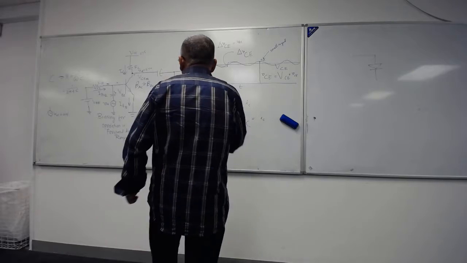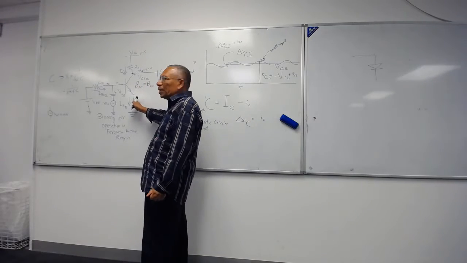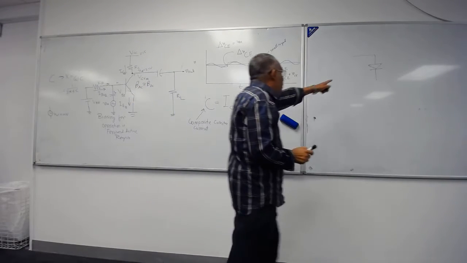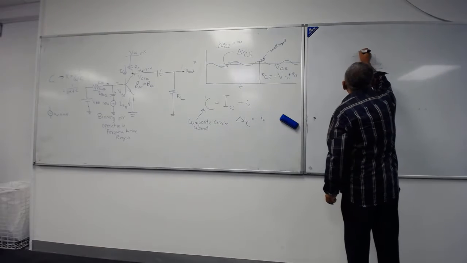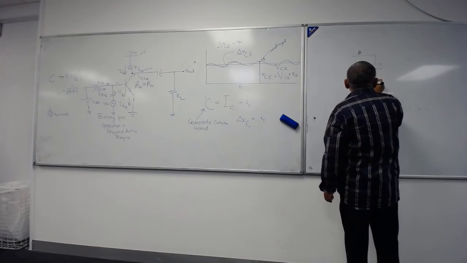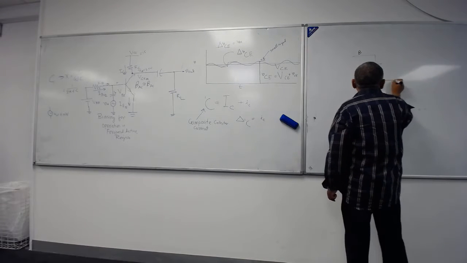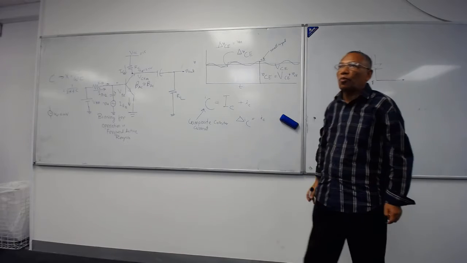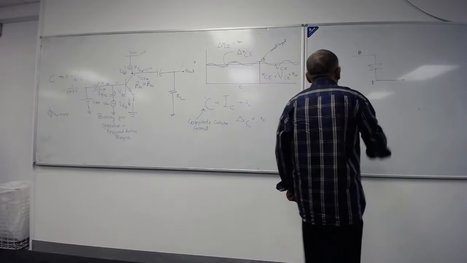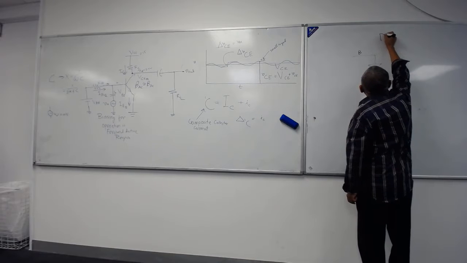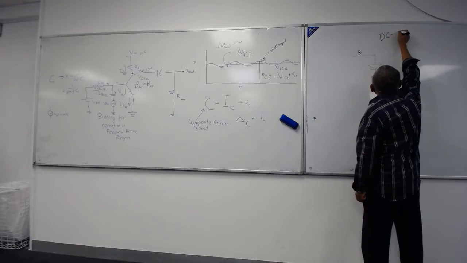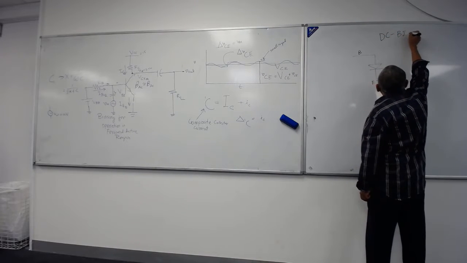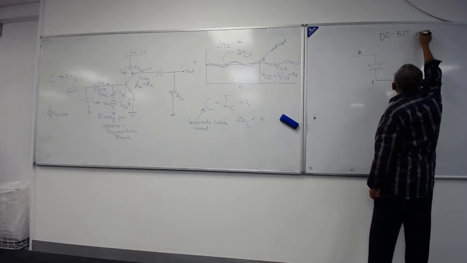Your base is a P and the emitter is a N. So you have a PN junction. This is your base, this is the emitter. Okay? So you got half of your model. So this is your DC BJT model.